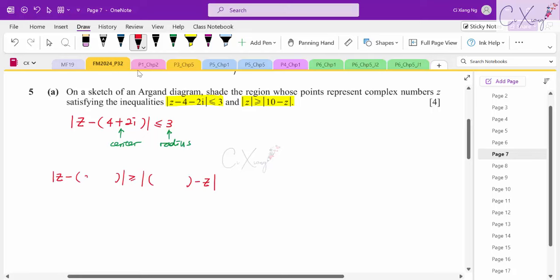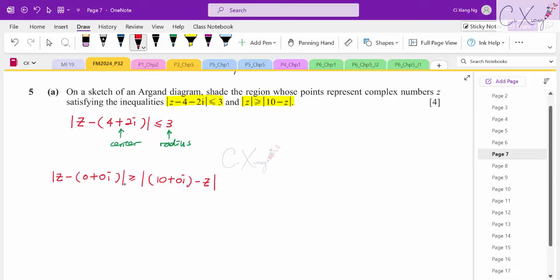For this complex number, it should be 0 plus 0i on the left-hand side. For the right-hand side, it should be 10 plus 0i. When you have both sides with the modulus sign, basically it is the perpendicular bisector for these two complex number points.